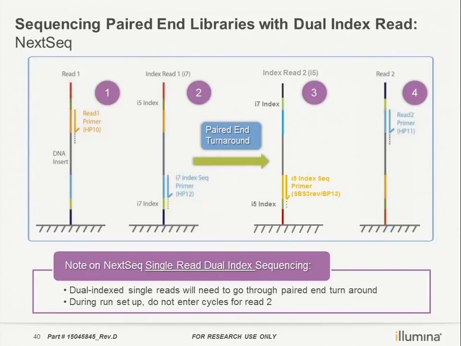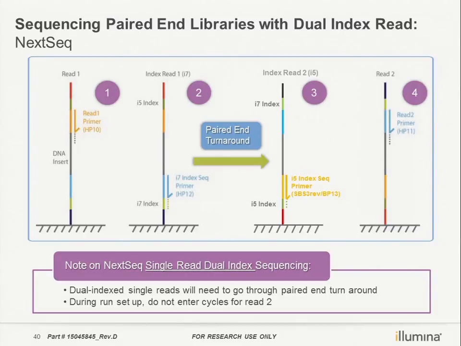Okay, so what we just mentioned is the first step. After you denature your library, it will do cluster generation to amplify the signal of the template. The final step of cluster generation is to bind the sequencing primer. Then, depending on the design of your library, is it single read or paired-end sequencing? Is it single index or dual index?